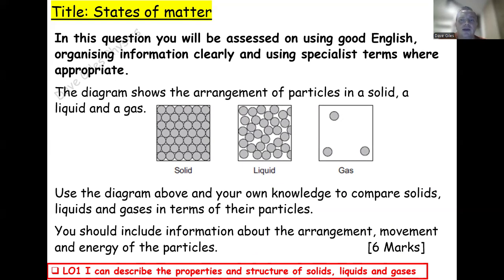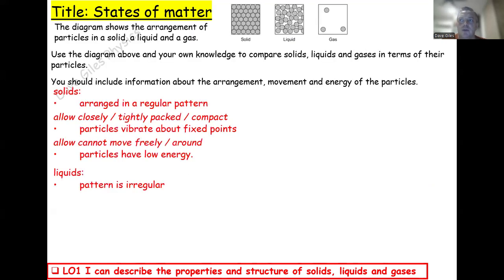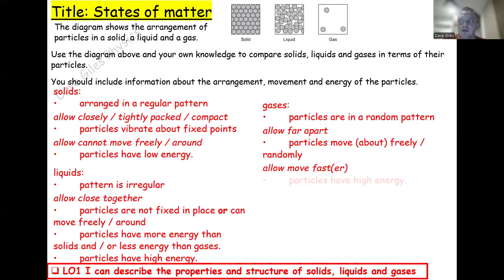So what I'll do is, again, give you a few seconds to pause it, write out your answer and see how many of the bullet points you've got from the example answer I put on. Okay, so I'm just going to put the answer on here. Again, pause it for a moment, see how many of these you've got.